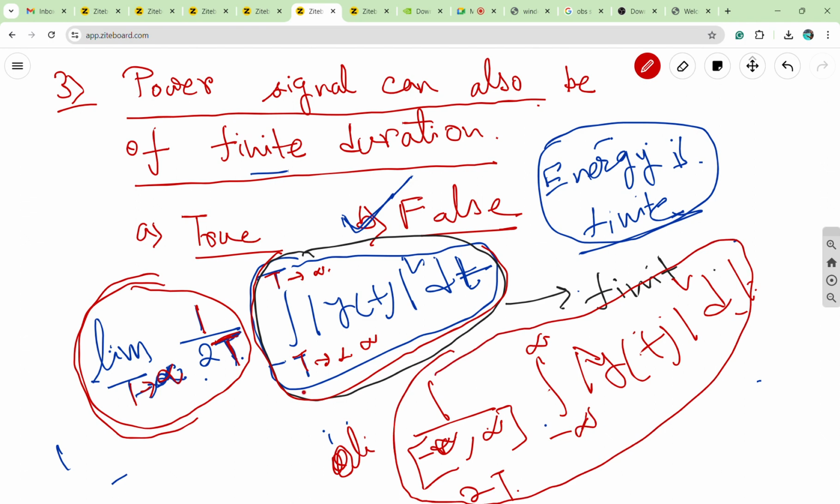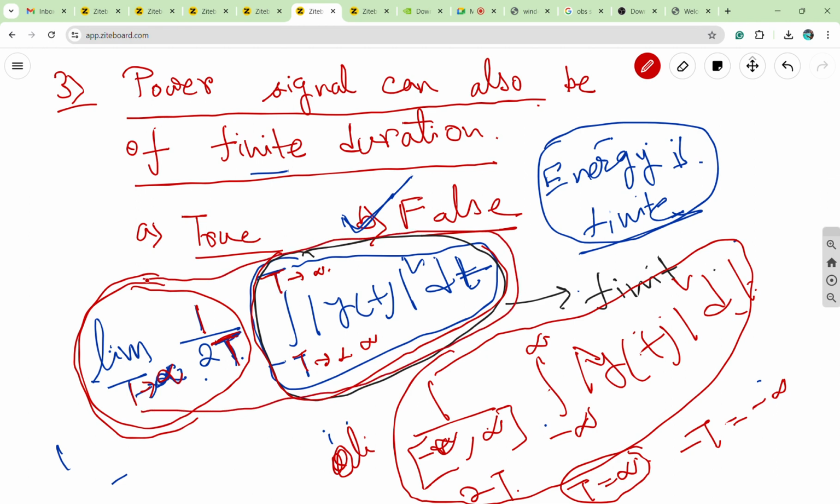If I just say that it is not infinite, it is a particular finite duration that is repeating, so that formula comes from there.